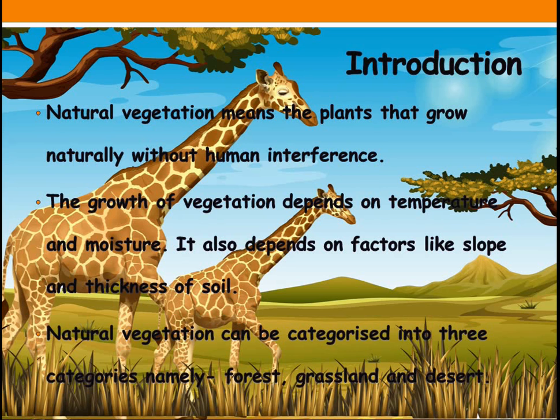It is called natural vegetation, and the growth of vegetation depends on temperature and moisture, and it also depends on factors like slope and the thickness of soil. The natural vegetation can be categorized into three: forest, grassland, and desert. About all these categories, we are going to learn one by one. Shall we move on to the detailed section?